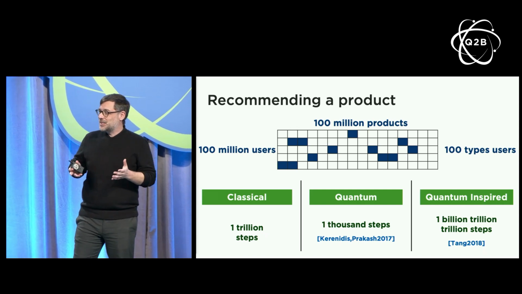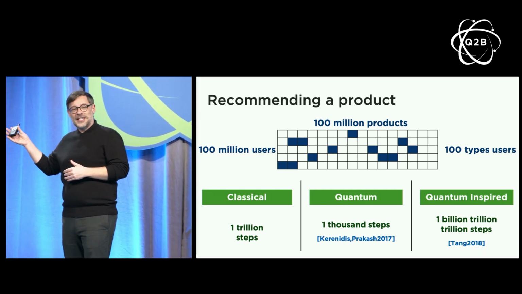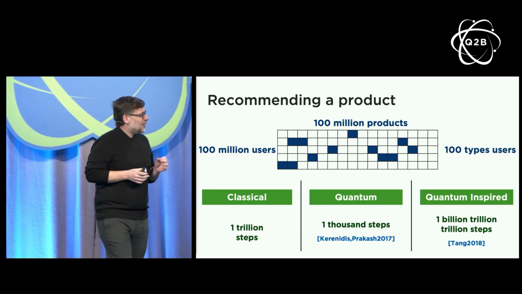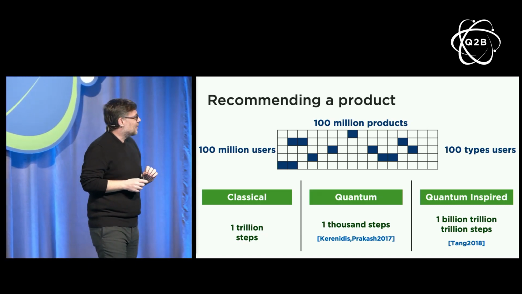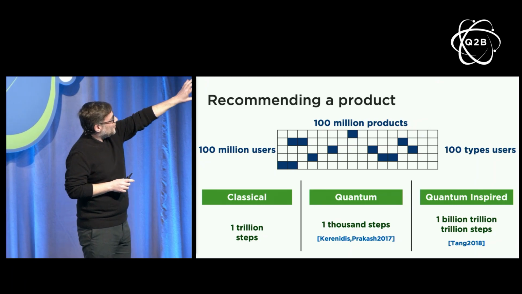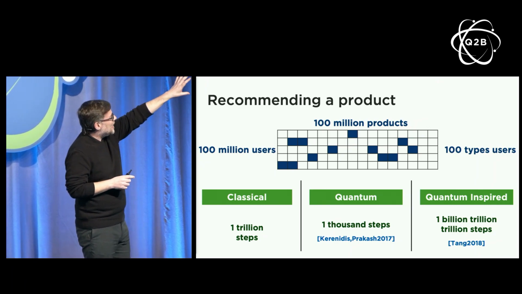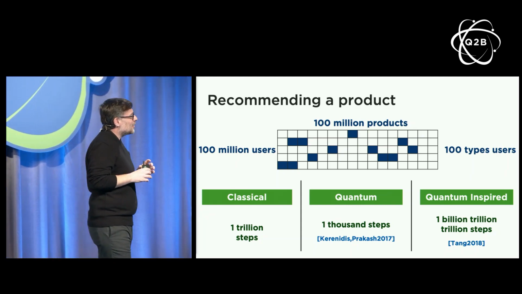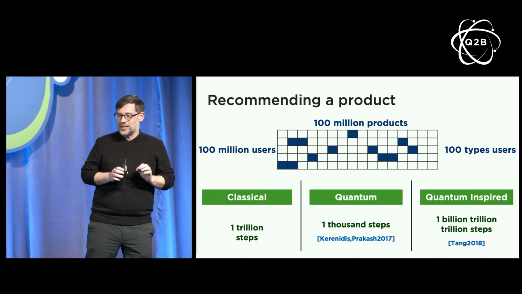So you saw a little bit from the last talk that exponential is good, polynomial is bad, or let's say polynomial is worse. But when you actually apply these results for the specific type of matrices, the 100 million and so on, what you get for the quantum-inspired algorithm is that you need 1 billion trillion steps.